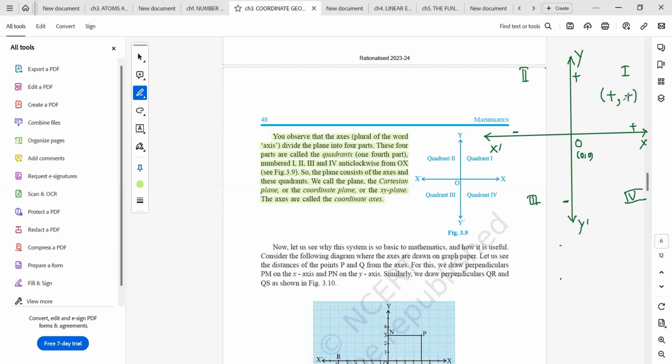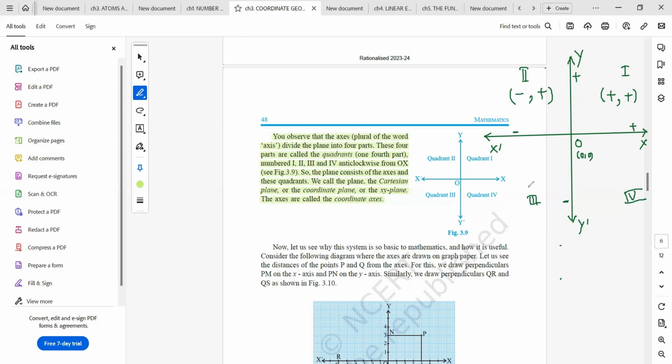Clear? Yes. Now come to the second quadrant. First look at the x-axis. The x-axis is negative. That is minus. And y is positive, that is plus. Okay. So the second quadrant is always minus and plus. First is plus and plus because both are positive. Second quadrant is minus for x and plus for y.